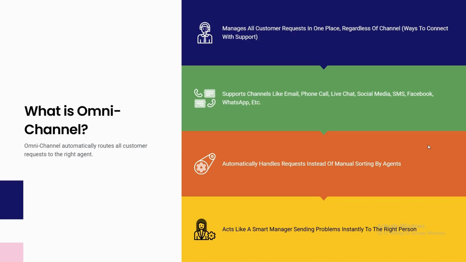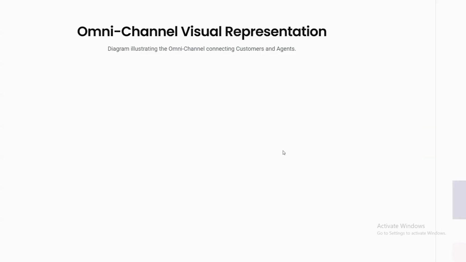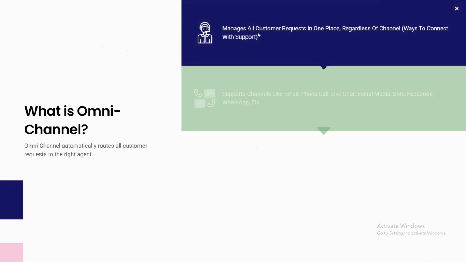In this slide, we are going to see the same question, that is, what is Omnichannel? As I told you, Omnichannel is a system, or we can say a middleman, which accepts the customer request from the different channels, as you can see here in the picture, and routes the work to the best available agent. Let's read the first point.